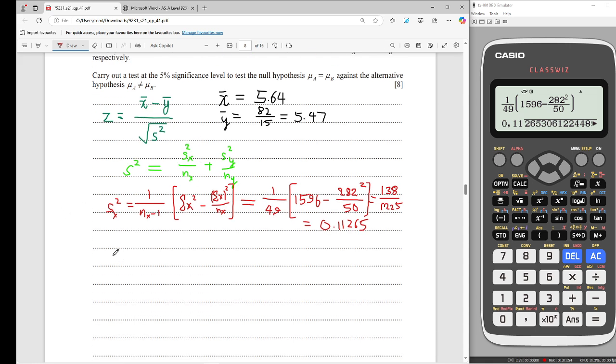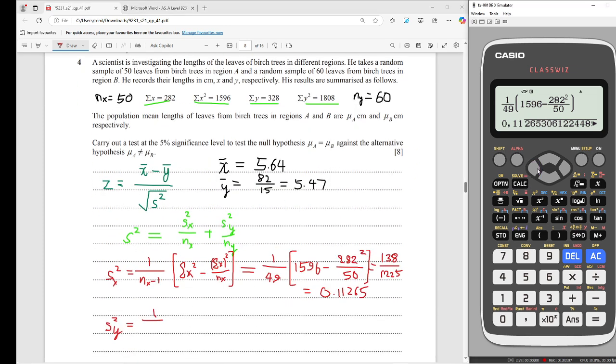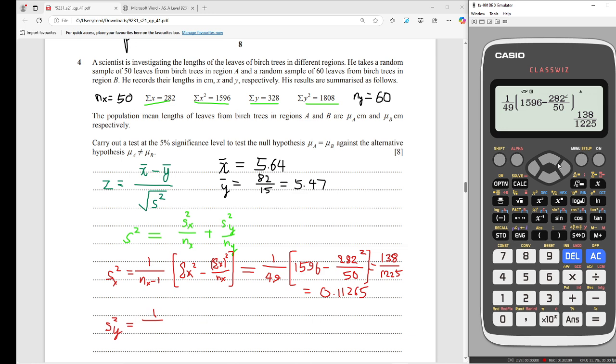And similarly we need to calculate for S2 of y. So you can use the same formula as above, except replace x with y. So we have here 1 divided by number of terms of y minus 1, which is 60 minus 1, so number of y terms becomes 59 here.